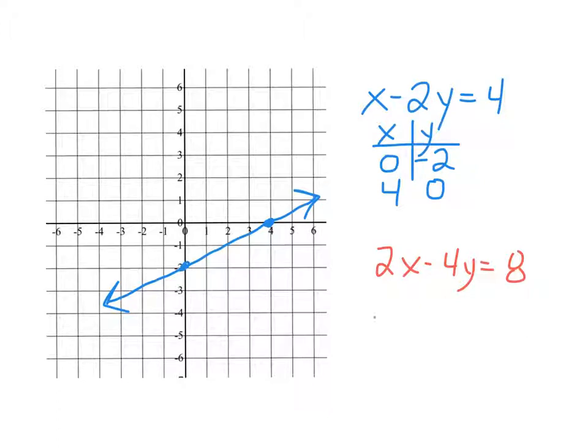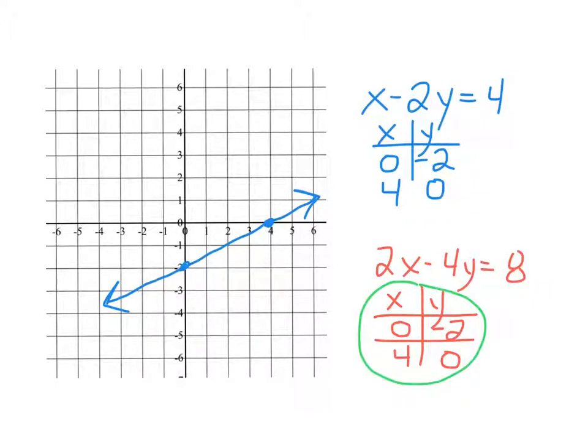When I go through and do the other one, also written in standard form, I'm going to set up my t-chart again with x and y. If x is 0, y is equal to a negative 2. If y is 0, x is equal to 4. Maybe you notice at this point that both of these t-charts are exactly the same.